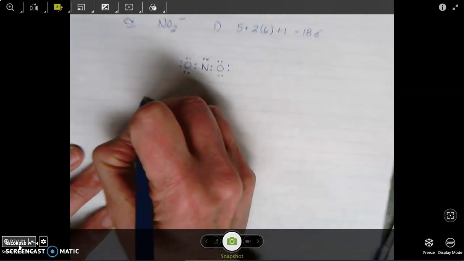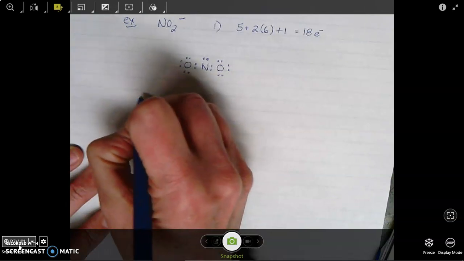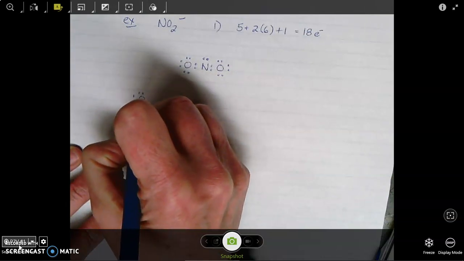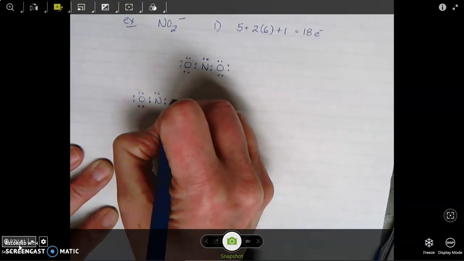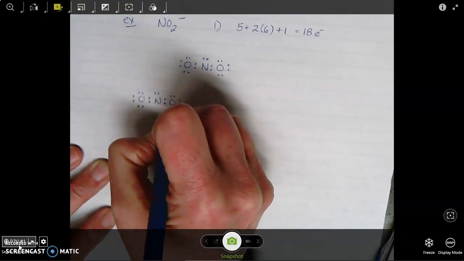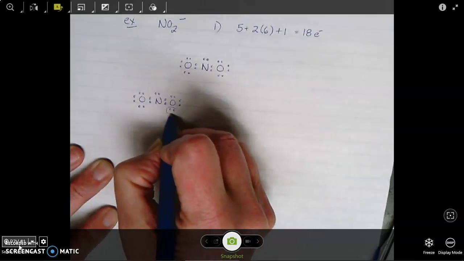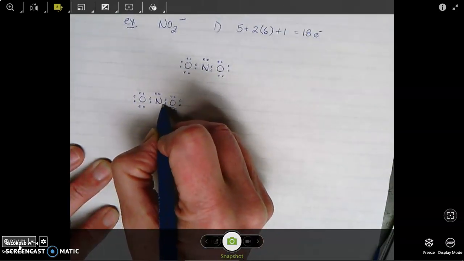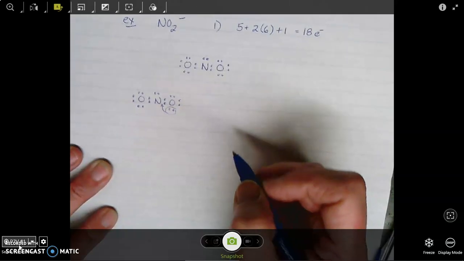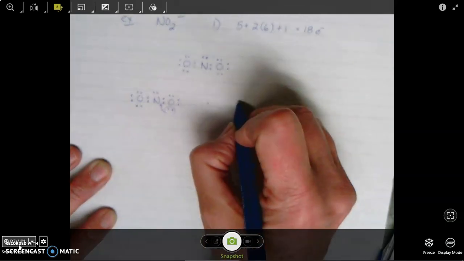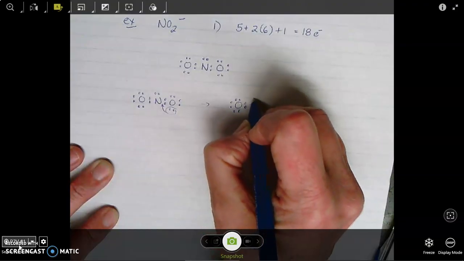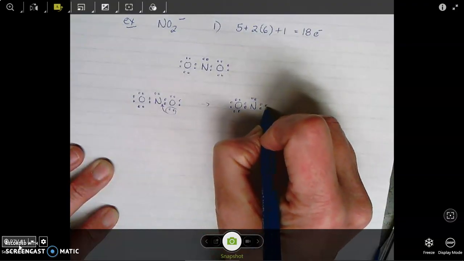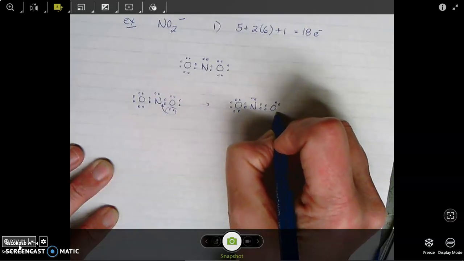So what that means then is I can take, and I'll draw this out like I did before, a pair of electrons from one of the oxygens, shift them into position between the nitrogen and the oxygen, and in that way I can form a double bond between oxygen and nitrogen.